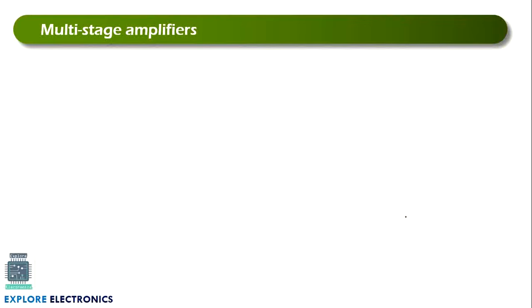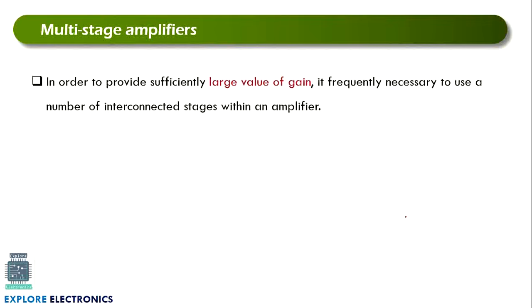Then we have multi-stage amplifiers. The previous thing we have seen is one-stage amplifiers. If you use multi-stage amplifiers, what happens? In order to provide sufficiently large voltage gain, we can use the amplifiers in multi-stage, meaning we can couple the amplifiers one after the other so that we get high gain.